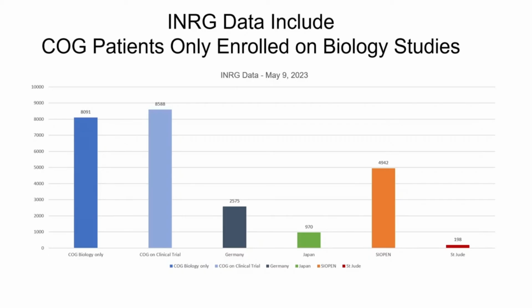The ones in light blue are patients treated on clinical trials, many of the ones you heard about earlier, where we know that kind of information. But a good third or so of the Children's Oncology Group data set is patients who were not treated on a clinical trial, and just signed that form to say they can be in a registry. That adds a lot of data, power, and information that wouldn't have been available without those biology studies I pointed out earlier.